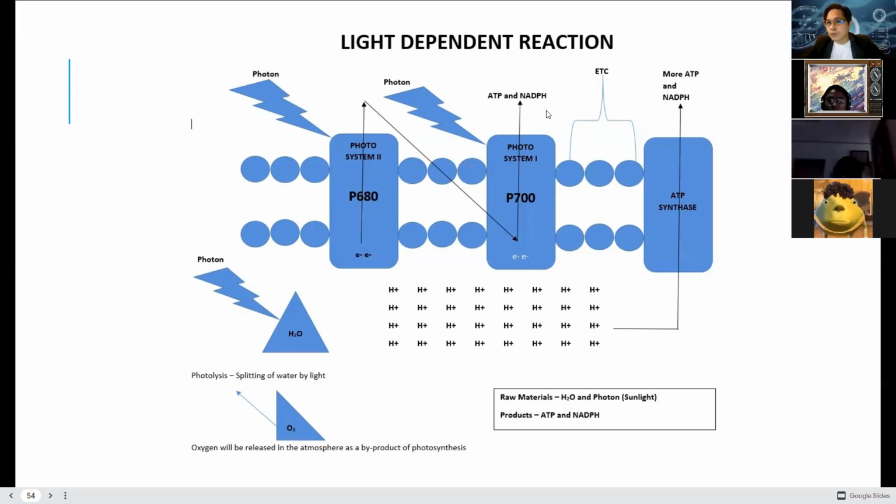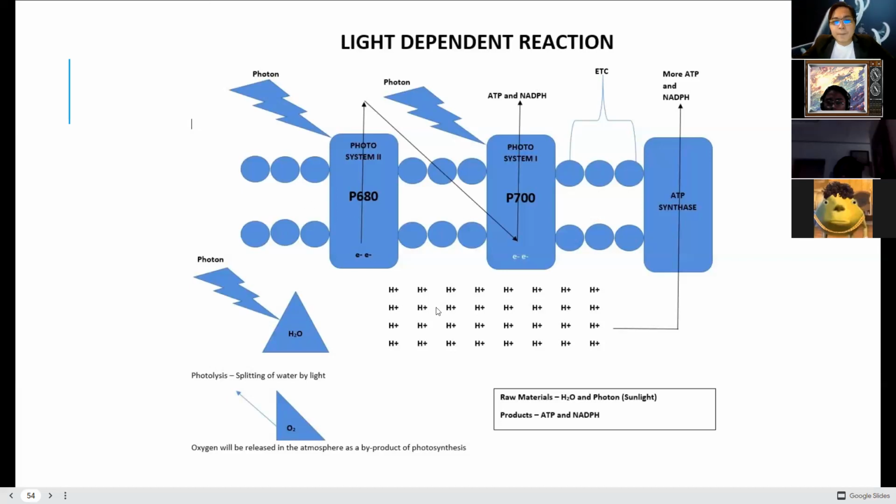This is now photophosphorylation. The adding of phosphorus to ADP will make ADP into ATP, that is the energy currency of the cell, and NADPH. So there you go. This is now how plants create ATP.